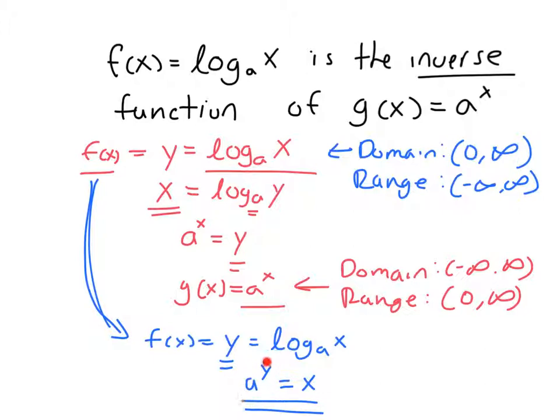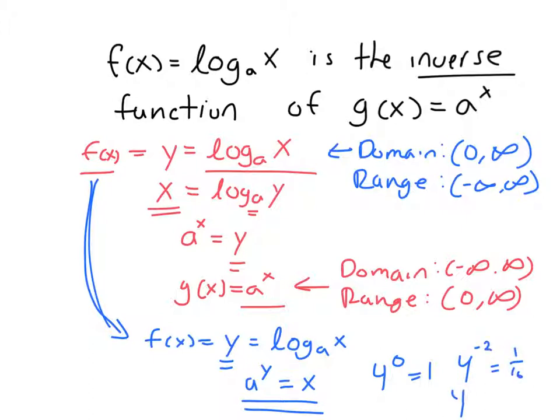What does that mean? If we take a positive number, so a is positive, and bring it to a power, we can never get a number that is smaller than 0. If you take the number 4 and bring it to the power 0, that's 1. If you take 4 to the power negative 2, that's 1 over 16.